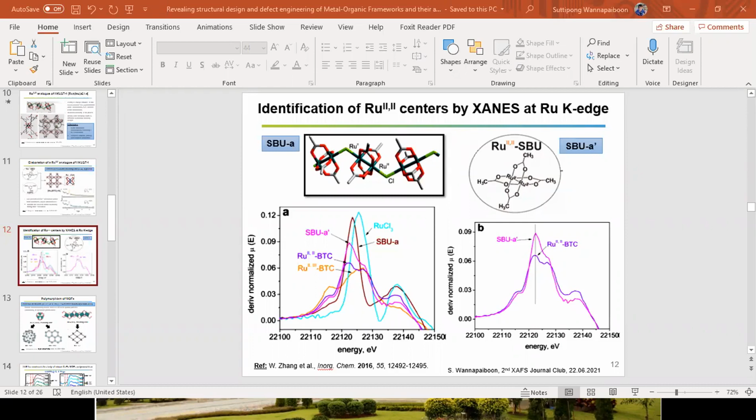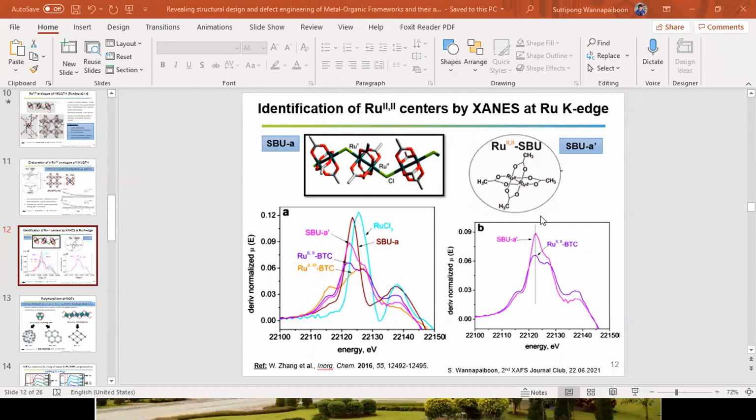Does this chloride all leak out, or does something remain? Because if you look at the data below, you can see a little bit of difference between SBUA and SBUA prime. Is the shadow peak related to this bonding?